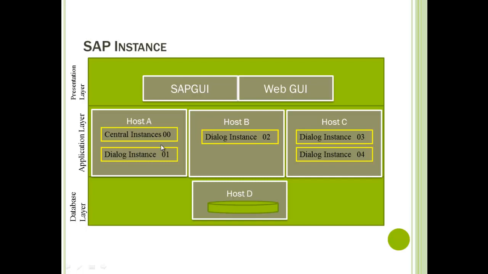The dialog instance is an additional resource which supports the central instance. The central instance is the controlling body of the entire system, which has the message server. Let's go to the next slide, then we will get into more detail about this.